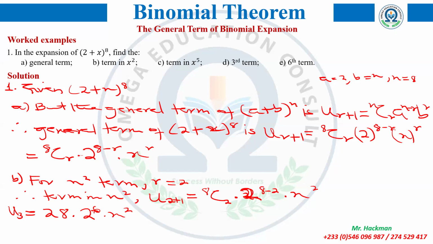Those of you saying no, what will be the value of your R? It will be 2. Please take note. Those of you who said 3, let's substitute the 3 into the general term formula. If R is equal to 3, you get 3 plus 1, and that is U sub 4. Is U sub 4 representing the third term or the fourth term?